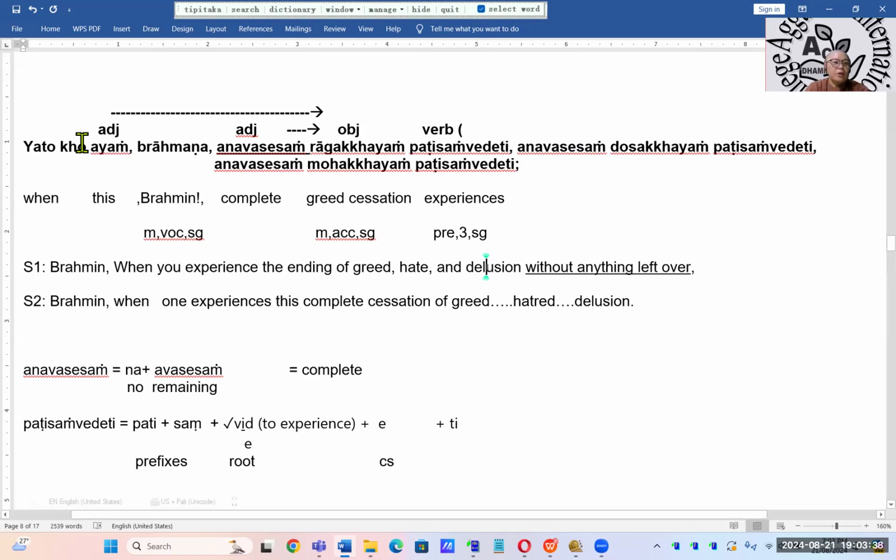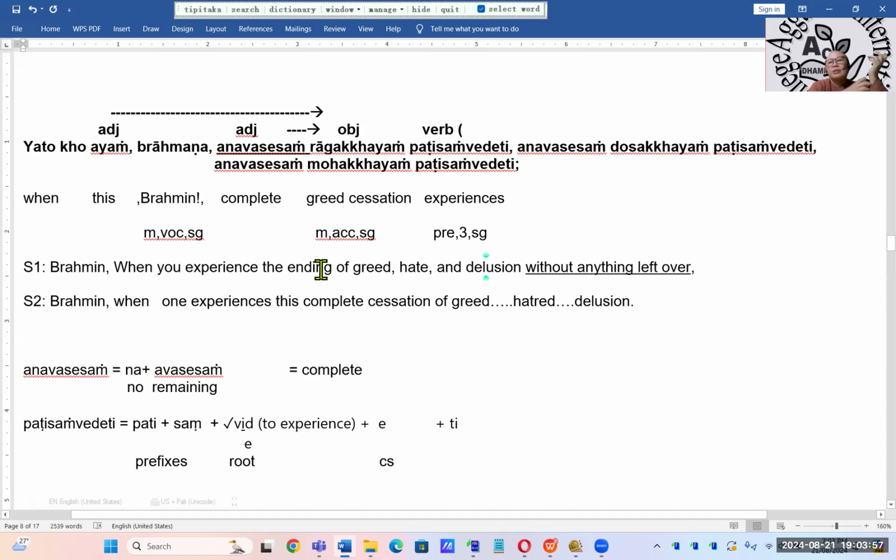All right. So yato ko ayam brahmana, vocative: oh, Brahmin. Anawasesam raga kayam padisamvedeti. Anawasesam dosa kayam padisamvedeti. Anawasesam moha kayam padisamvedeti.